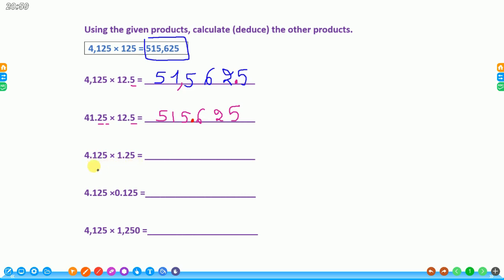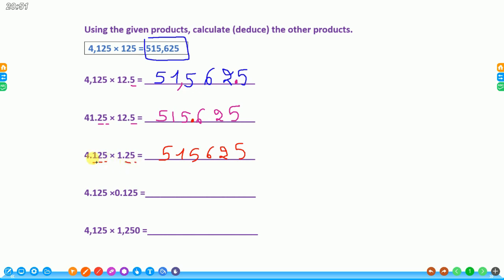Example 3. 4.125 times 1.25. So same step. I ignore the decimal point and I write the answer of the product of the two whole numbers. And after I write the answer, I count the digits after the decimal point in both numbers.